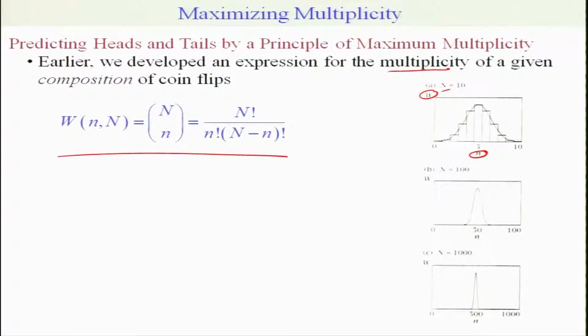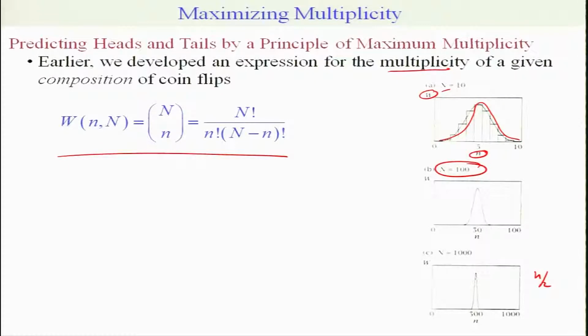You could see that this expression can be obtained, which will look like this if you connect the histogram maximum points, and as you increase the capital N, what you are going to see is basically that the distribution will be around the N by 2 value, as shown here, and it will be peaked around it, which is going to be a sharp peak.